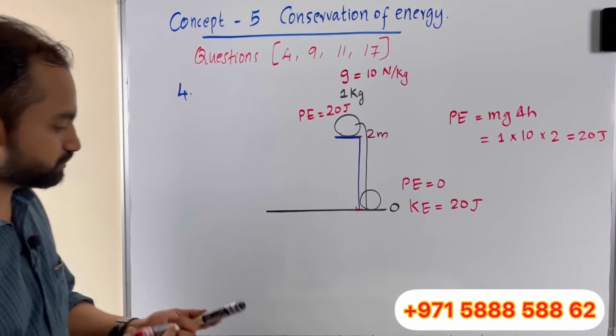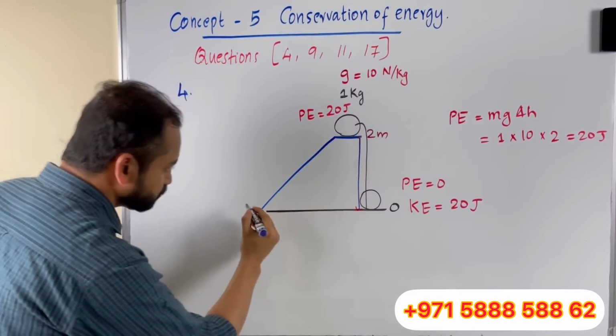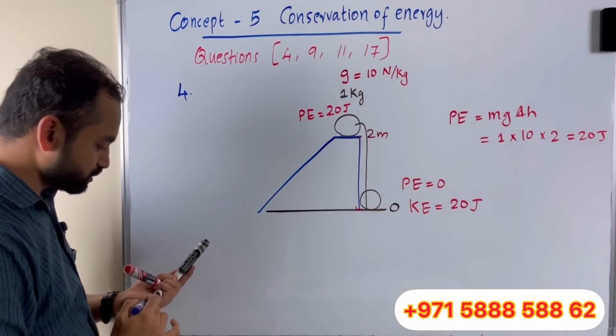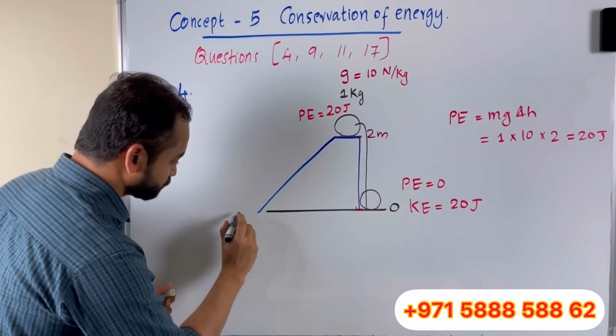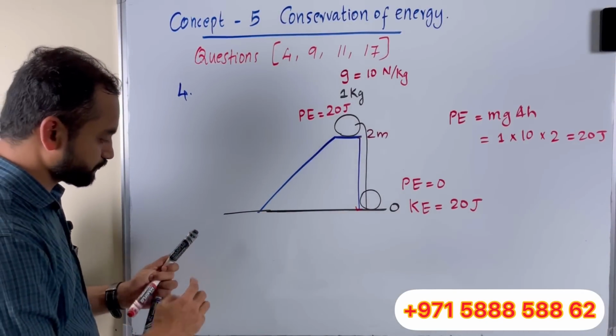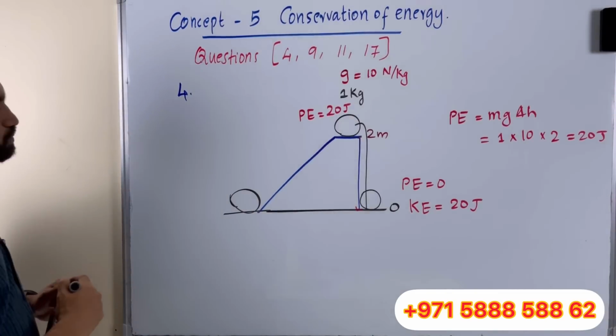One more thing: if the ball is rolling down a slope and reaches the bottom, what will be its potential energy?